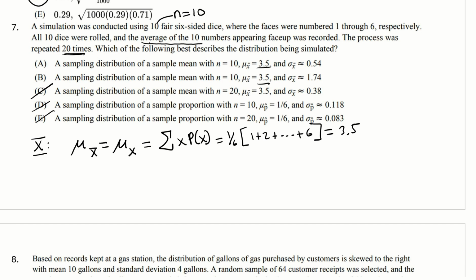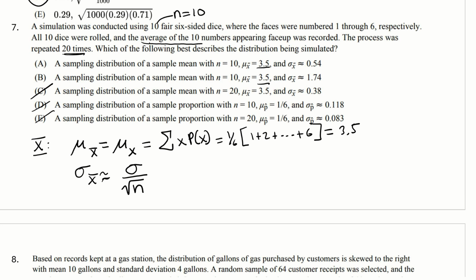And then we remember that the standard deviation of the sampling distribution is approximately the standard deviation divided by the square root of n, okay? And I say approximately because we have to satisfy the 10% condition for that, or those conditions or whatever.